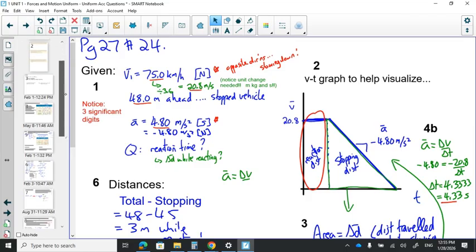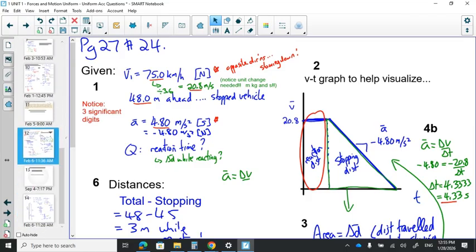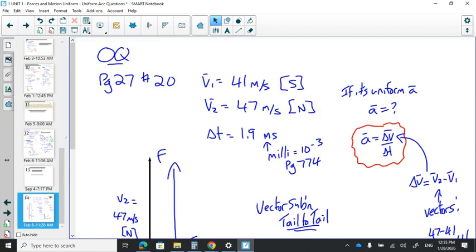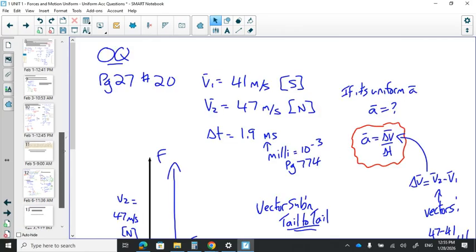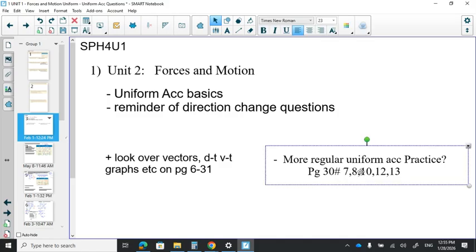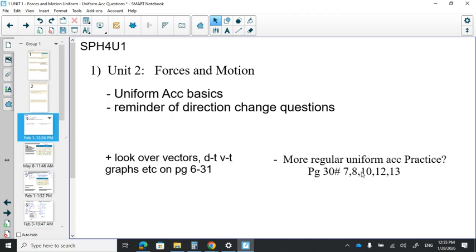I was going to talk a little bit about some of the other things I have in here. If you need some review of one-dimensional vector stuff and so on, look through that. And notice on the page here, it says if you want more regular uniform acceleration questions, practice in the textbook that's posted on the D2L site, the e-learning site.